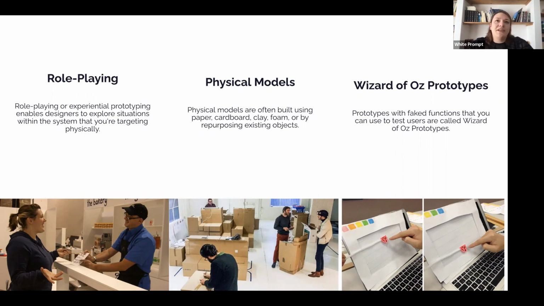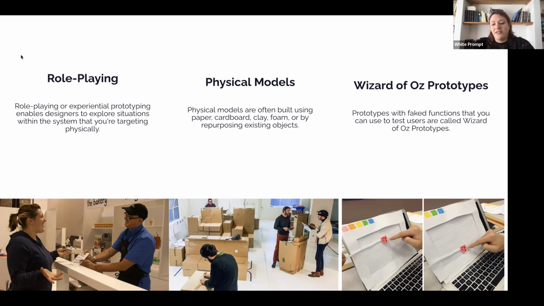It is not always digital products that we test. At least in service design, we also have to test what happens in the surroundings. For physical models, this is more related to industrial design, also service design.